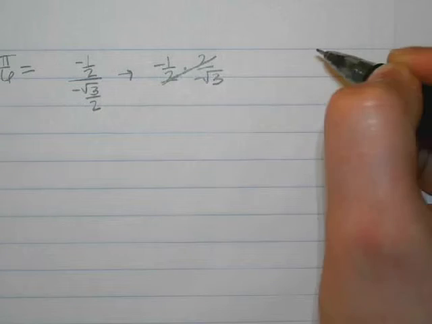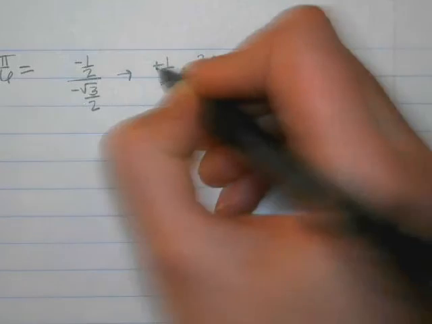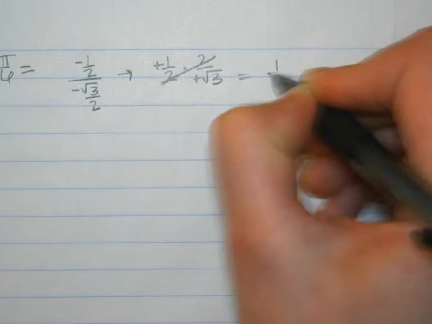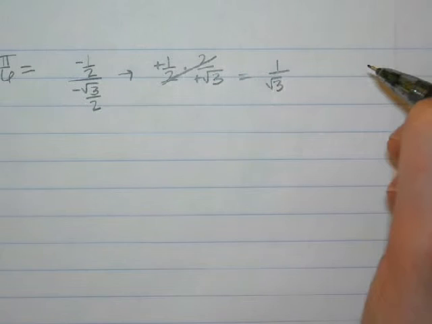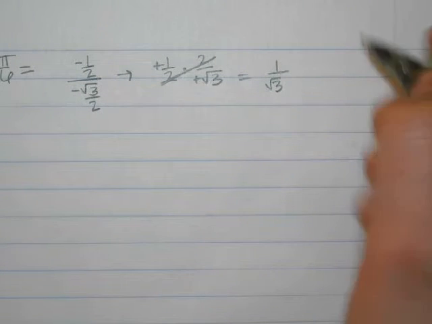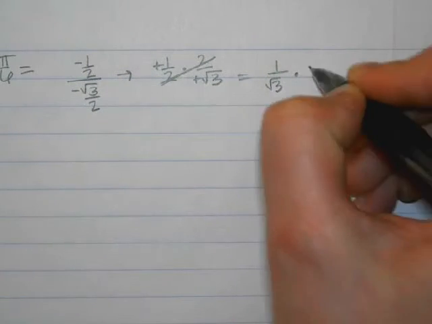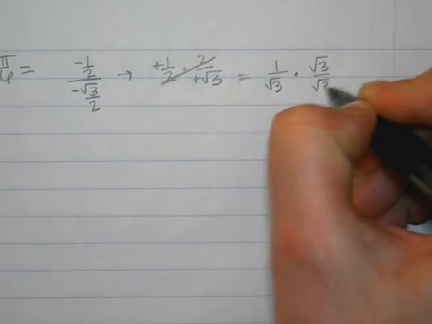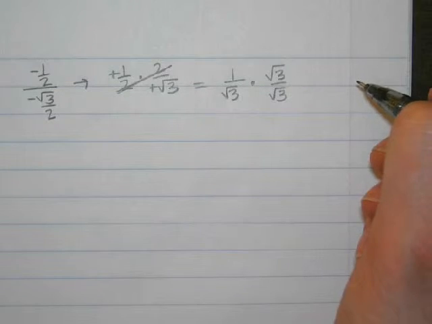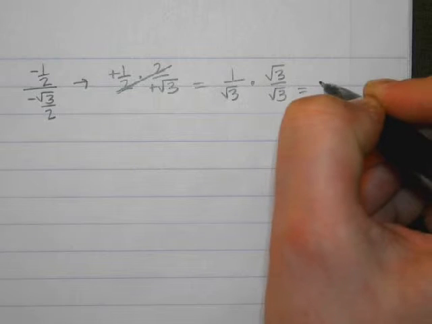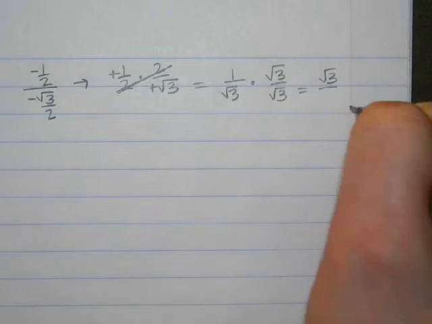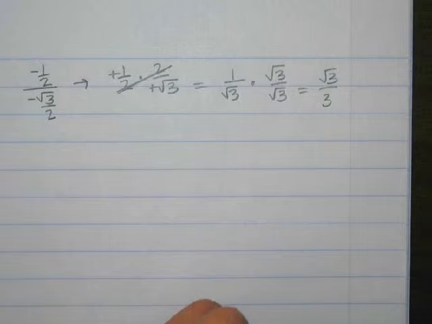The 2's cancel, and the negatives cancel, and we get 1 over the square root of 3. And you can't have a radical on the bottom. Square root of 3 over 3, perfect.